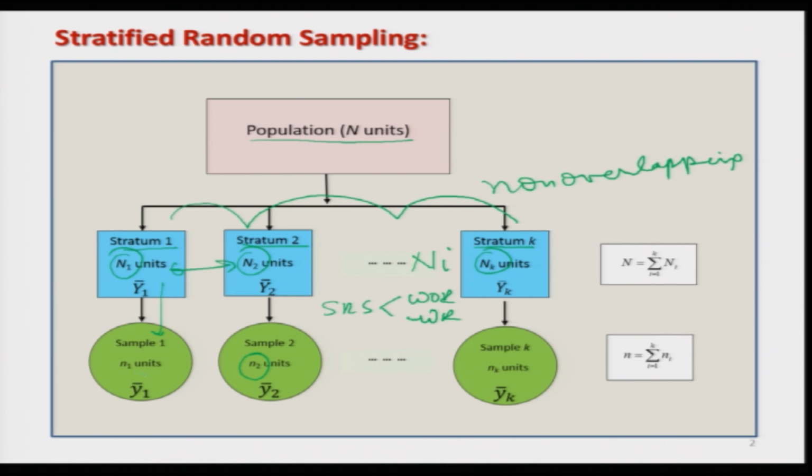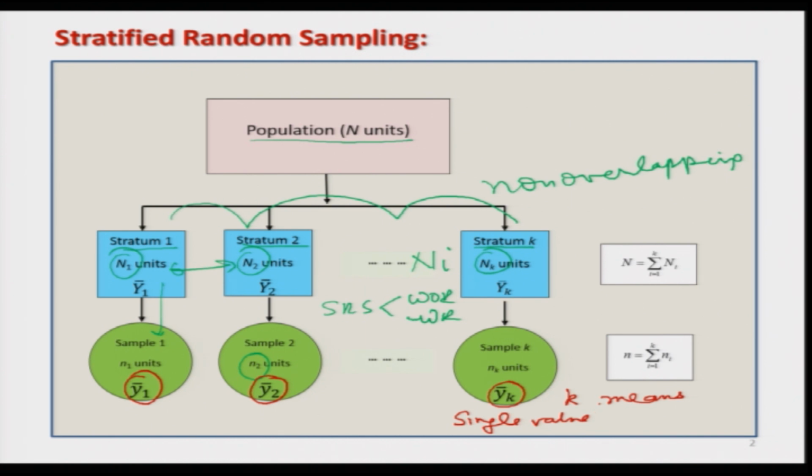Based on sample number 1, we have obtained the sample mean y1 bar. Based on sample number 2, we have computed the sample mean y2 bar, and similarly from the kth sample we have computed the kth sample mean. But what is your objective? Your objective is not to consider these k different sample means, but you are more interested in getting a single value.